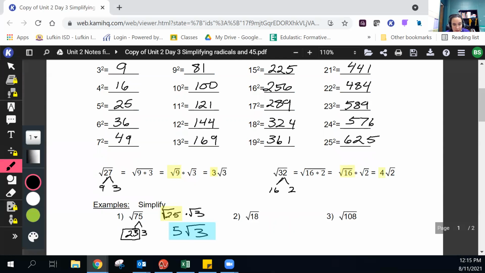Going to keep doing that same thing. We're looking at 18. 18 is divisible by 2. Yes. And what do we get? 9. 9 is a perfect square. You need to check the list. If it's not on that list, you go to your calculator and take the square root of that.